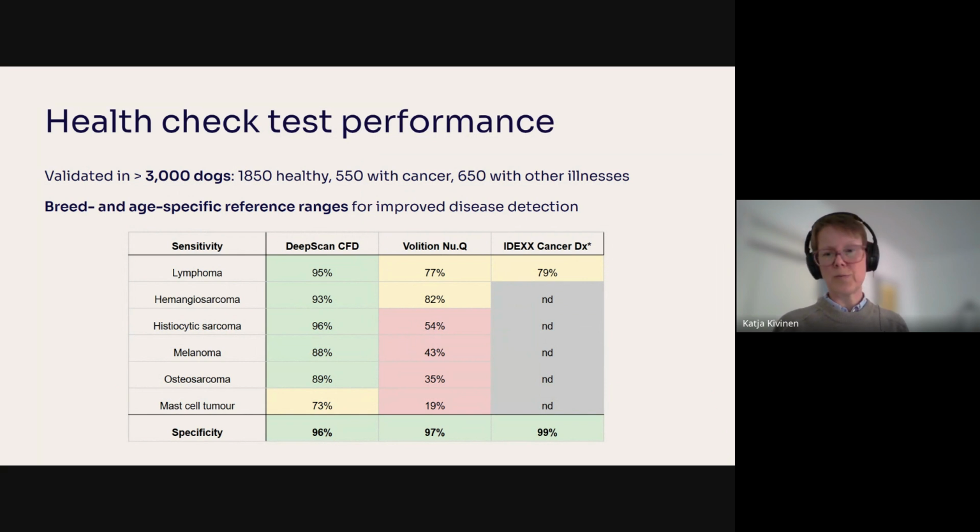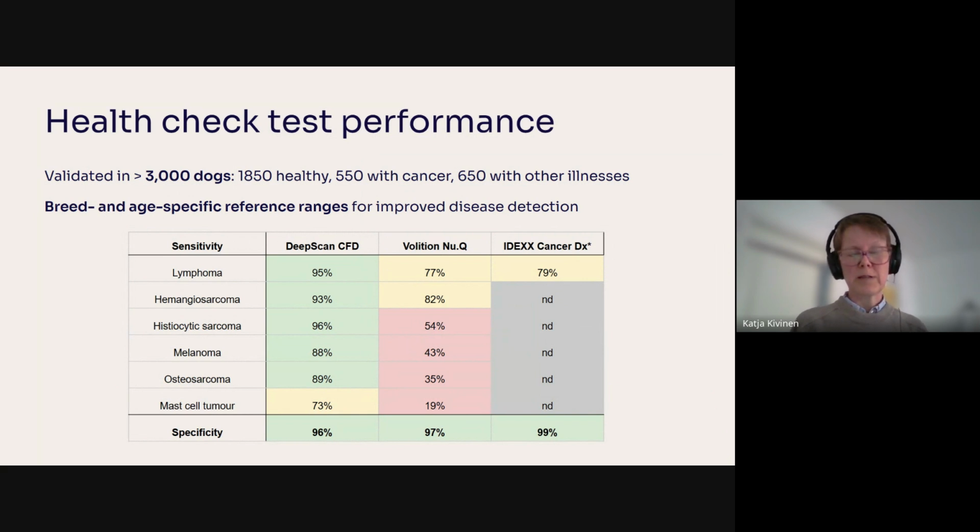So we continue collecting samples from all over Europe, dogs with different cancers, with different chronic illnesses and inflammatory conditions. And we have created breed and age-specific reference ranges. We are the only ones who have done this, and this has really improved the disease detection rate for us.